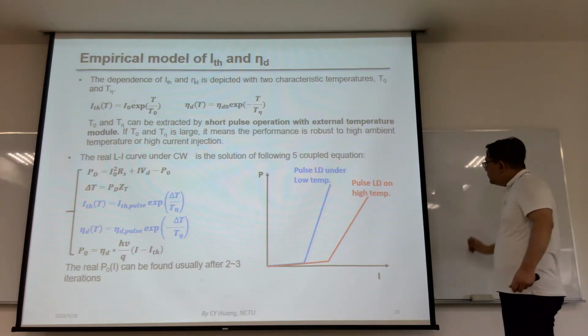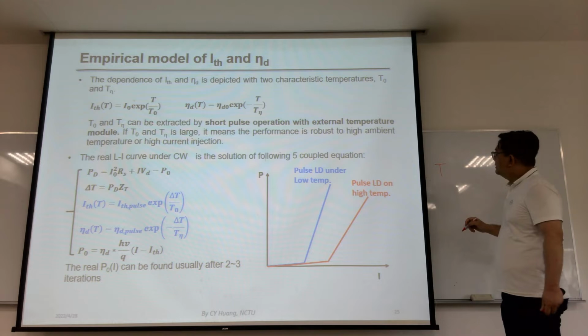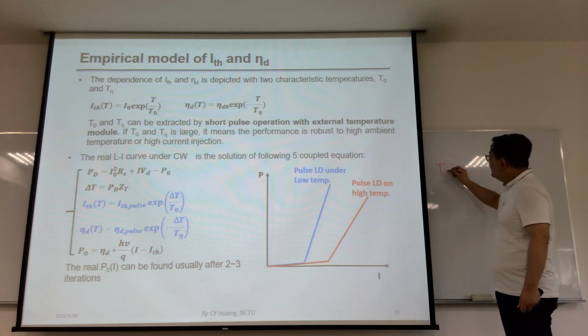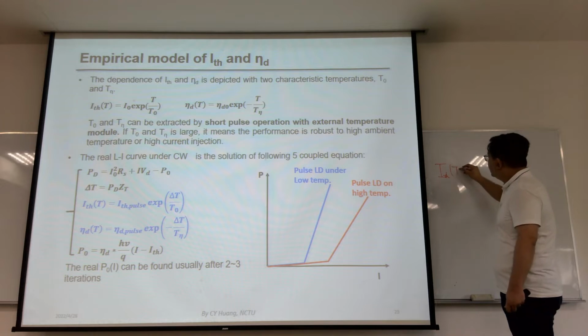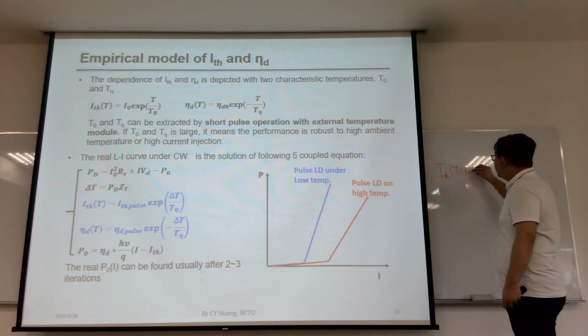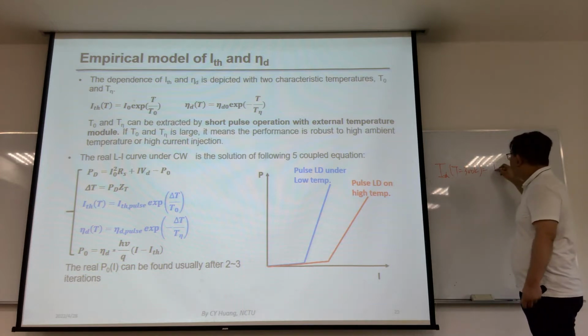For example, you might have ITH at T equal to 300K with a known value that's called I300.